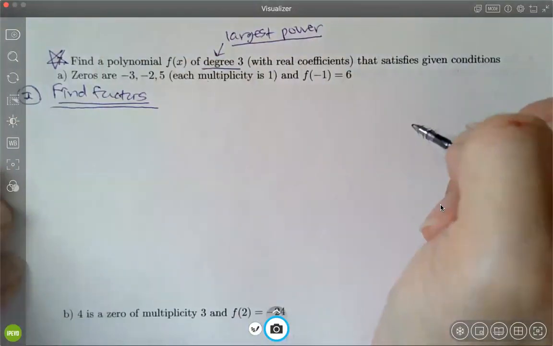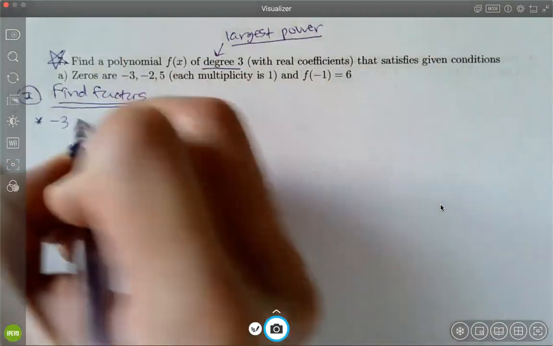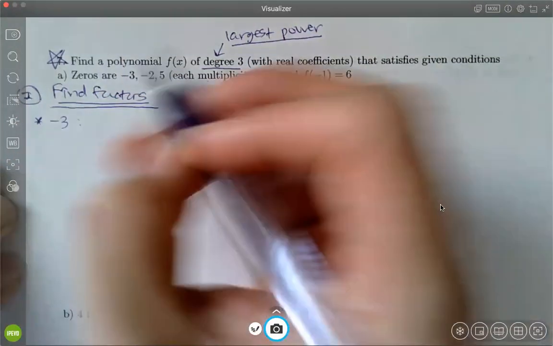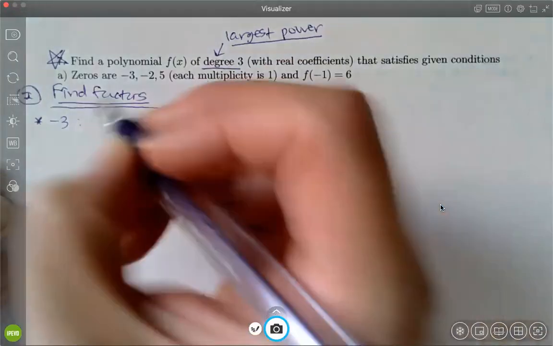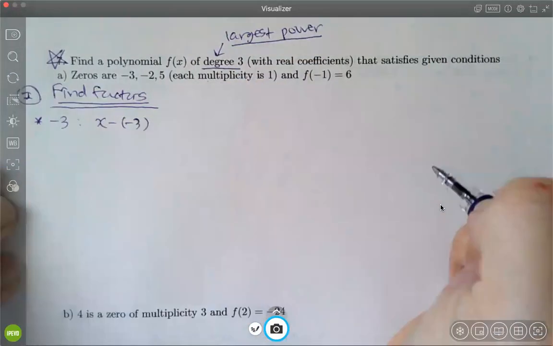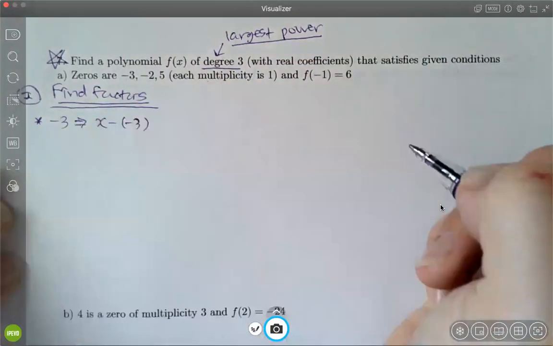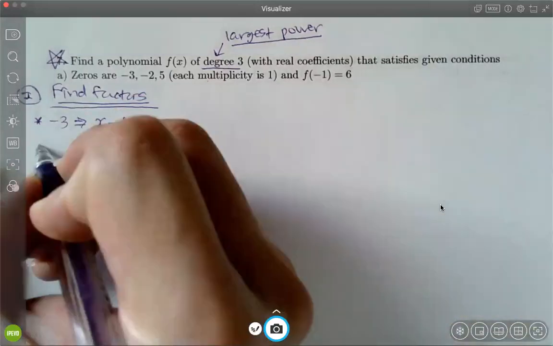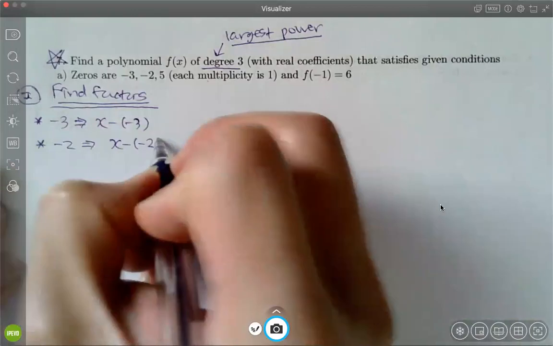Okay, so for -3, remember, given a zero, how do you find the factor? It's x minus k, right? So x minus -3. That's how you find the factor of -3. And now what about -2? Its factor is x minus -2, right?